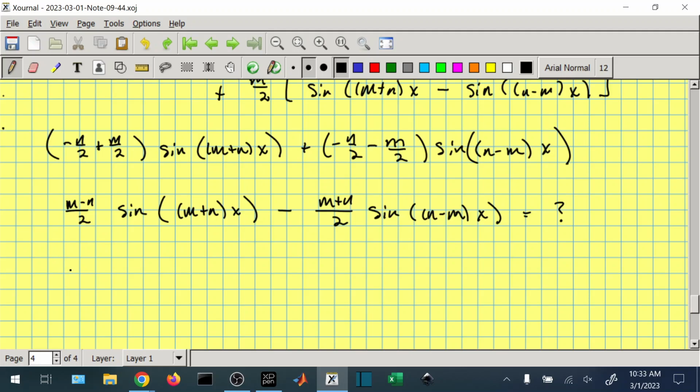All right. So what if (m plus n) times x was equal to pi over 4? So x was equal to pi over 4 times (m plus n). Well, then what would this be? Remember the 45, 45, 90 triangle? Pi over 4. If this is equilateral, then the sine and cosine are both 1 over the square root of 2, right?